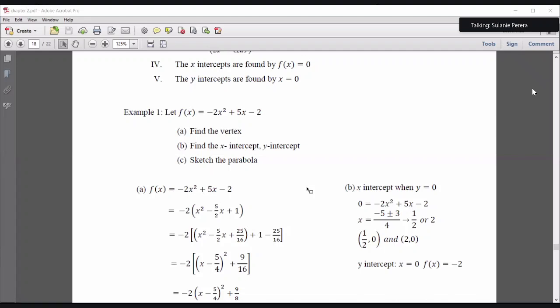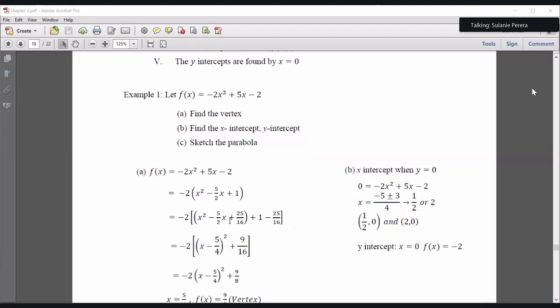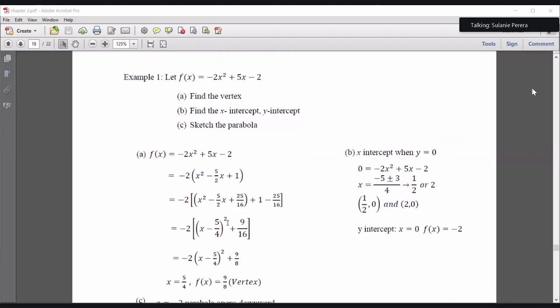Can you unmute yourself and answer how do we find the vertex? 16C, how do we find the vertex?